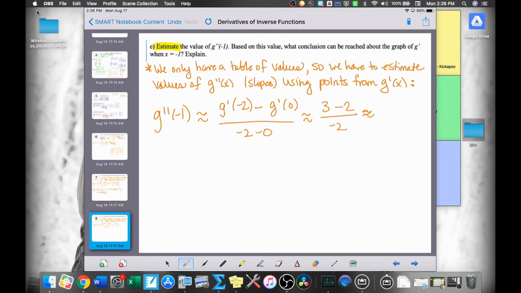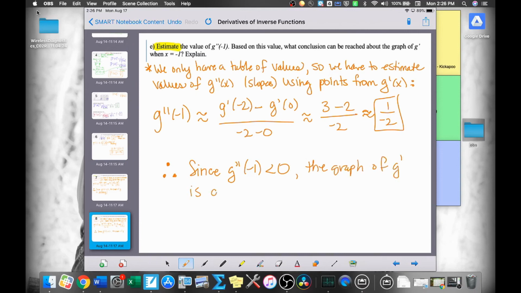So we end up with an answer of -1/2. And once again, very similar conclusion. Since g prime prime of -1 was less than 0, we can assume that the graph of g prime is decreasing because the slope is negative.